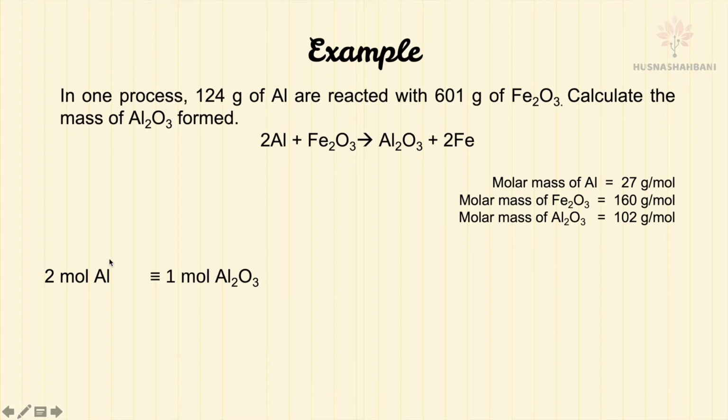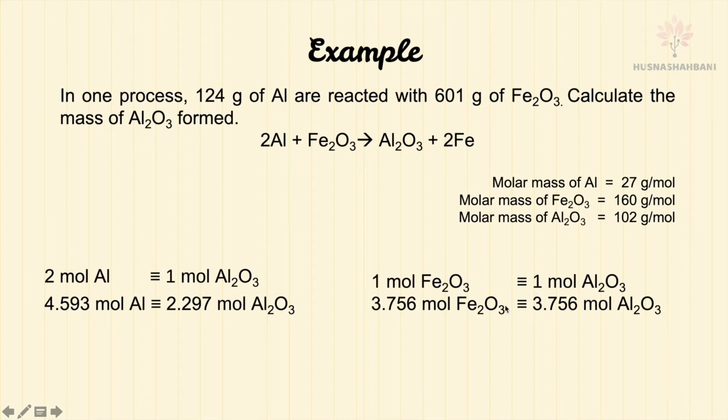Now, we want to find the limiting reactant because we need one of these. We need to know which reactant is used up first. Use that information to compare with the product. 2 mole of Al produces 1 mole of Al2O3. The actual number of mole of Al produces 2.297 mole. Just do the cross multiplication. Same goes for Fe2O3.